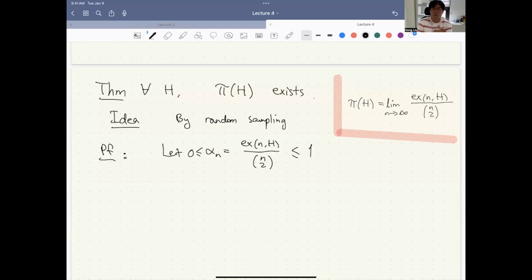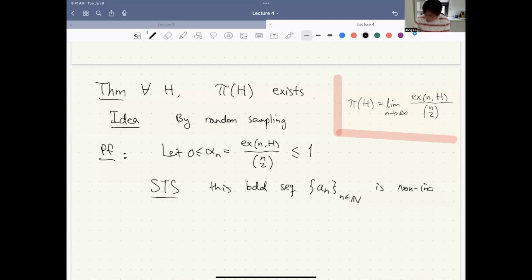It's some number between 0 and 1. It suffices to show that this bounded sequence alpha n is monotone. In particular, it's non-increasing.